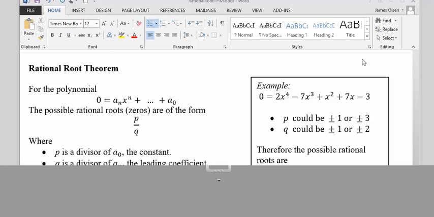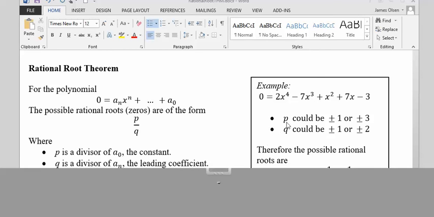So let's look at our specific example. P, which is the numerator, could either be plus or minus 1 or plus or minus 3. We're talking integers here. Q are the factors or divisors of 2, which are plus or minus 1 or plus or minus 2. So if we put all the combinations together, we get the following possible rational roots.